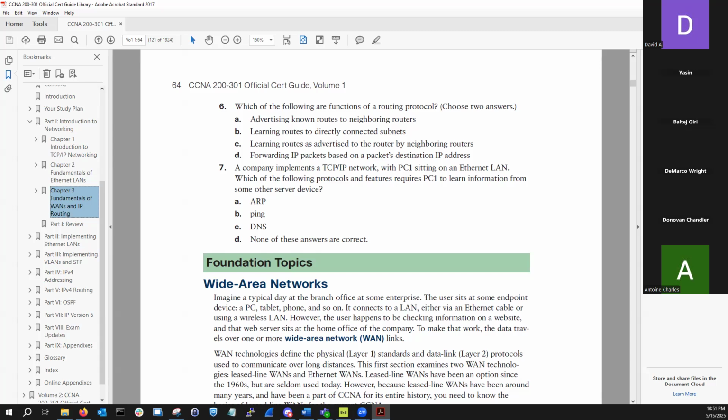Let's read the question again. A company implements a TCP/IP network with PC1 sitting on an Ethernet local area network. Which of the following protocols and features requires PC1 to learn information from some other server device?